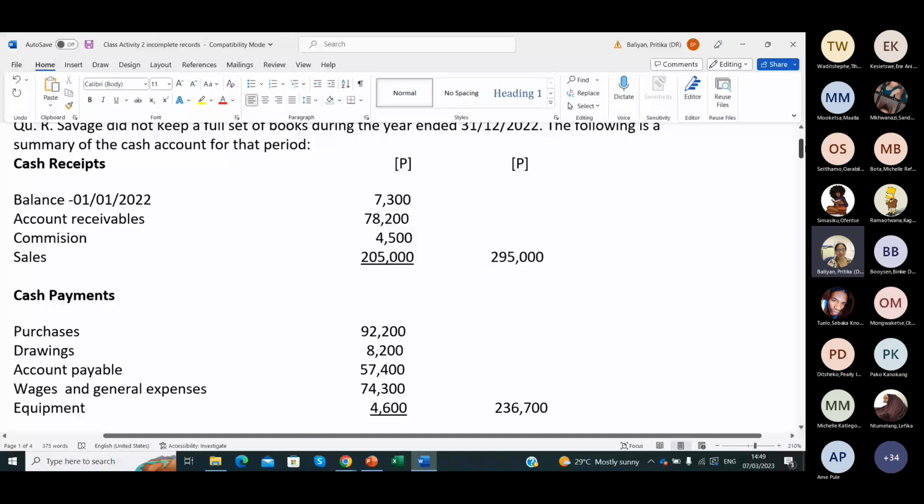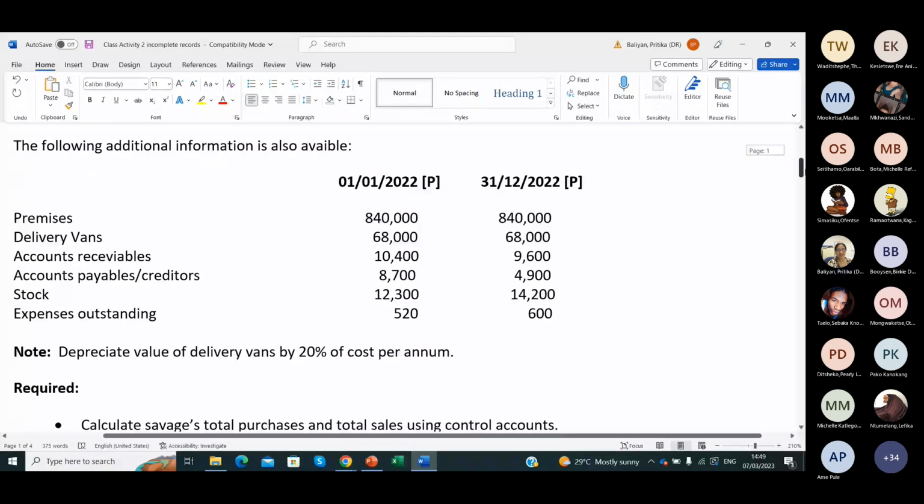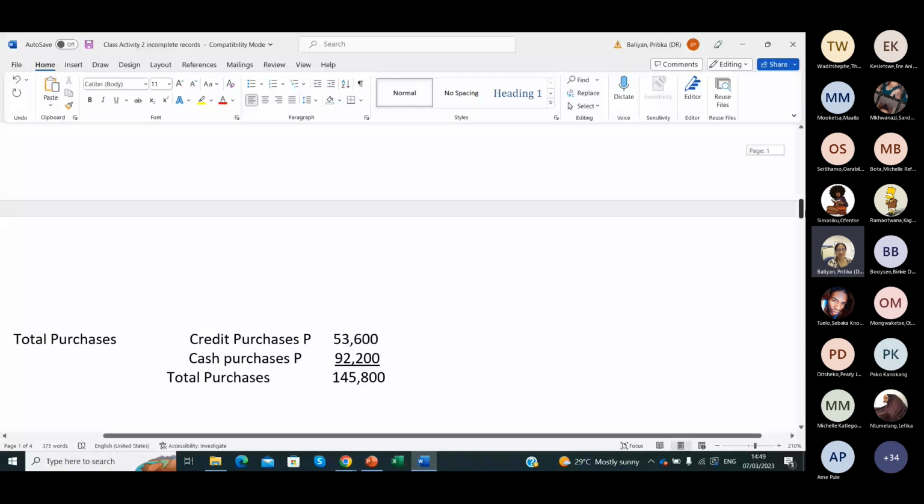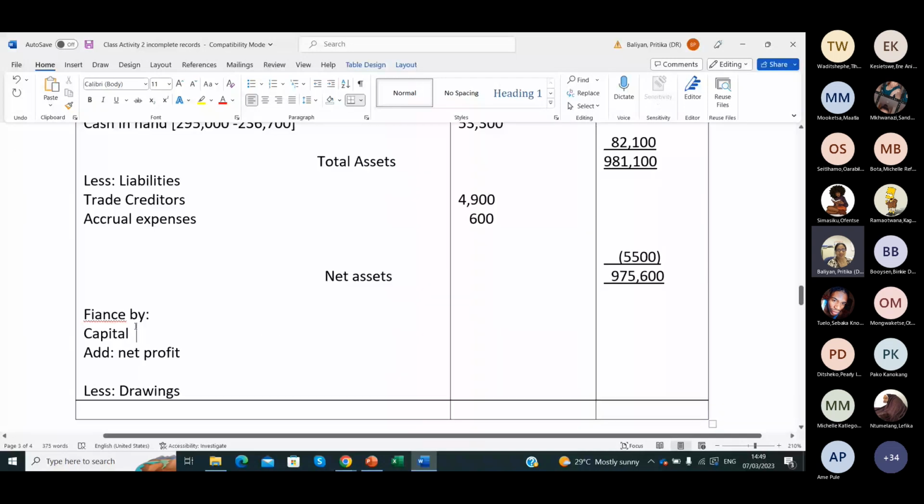This much cash was also there at the beginning of the year when you are calculating the opening capital. So we add those figures.